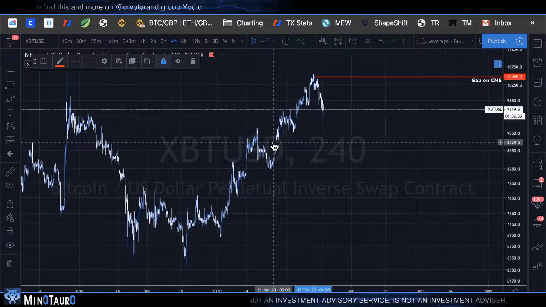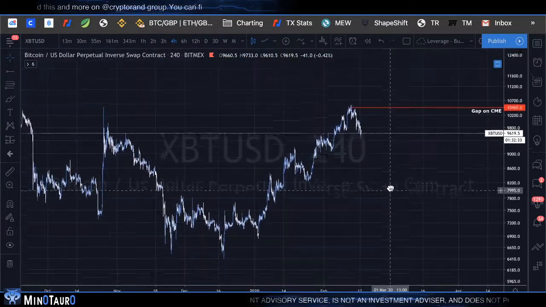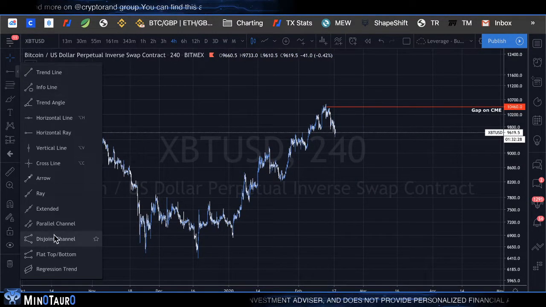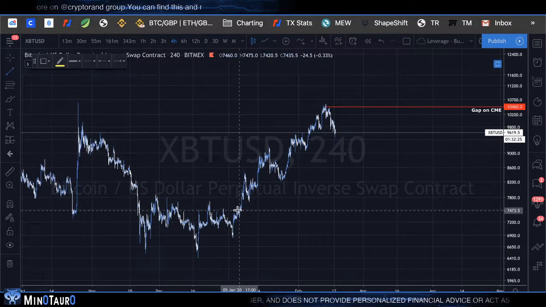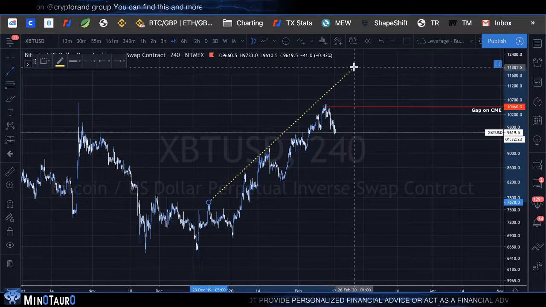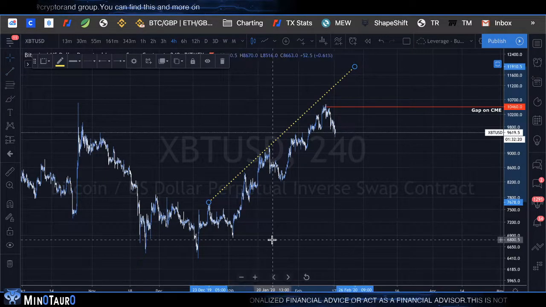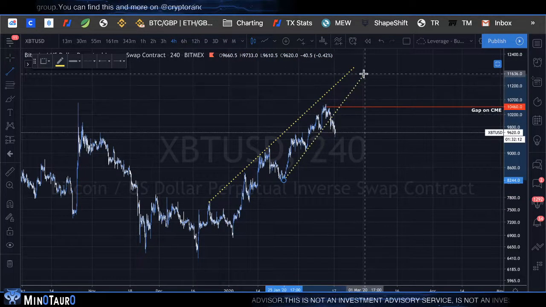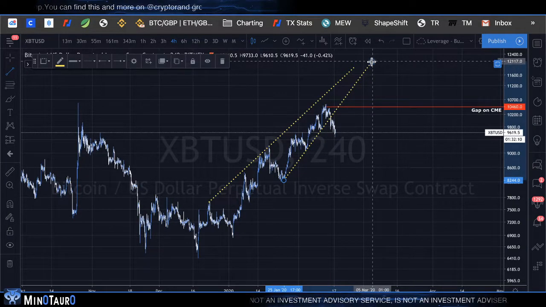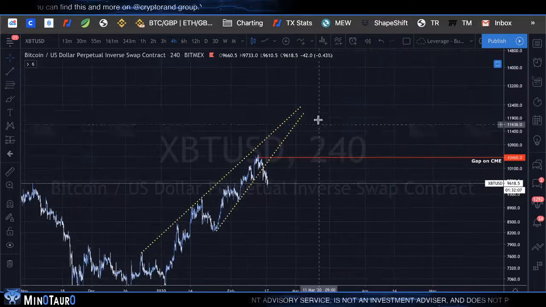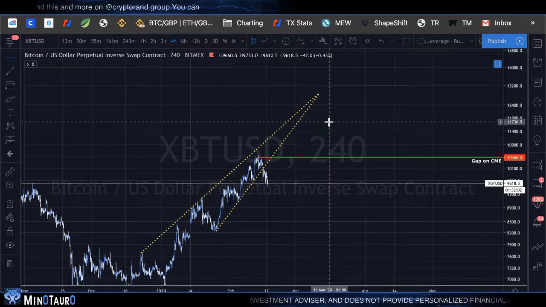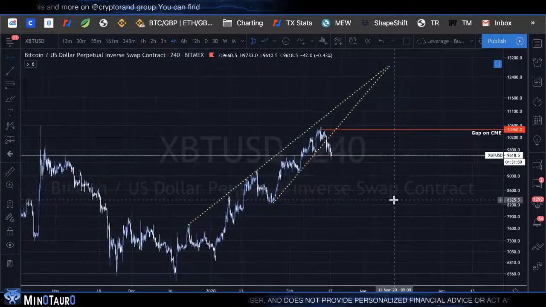So speaking about channels, there is this channel here, and there is this channel here, that's projecting a wedge that can go down 161 and then retest the tip of the wedge.